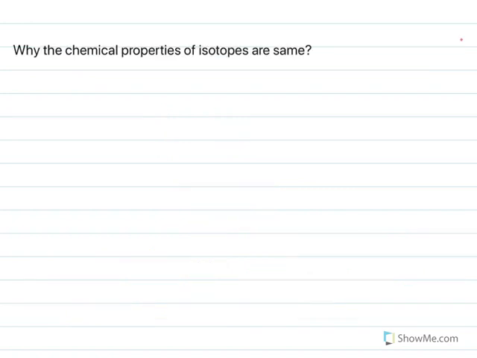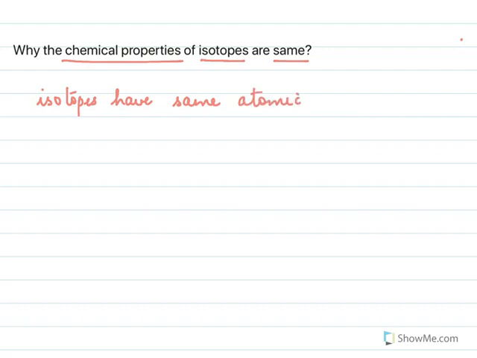Why are the chemical properties of isotopes the same? The chemical properties. First point, isotopes have the same atomic number, and because they have the same atomic number, they have the same electronic configuration.